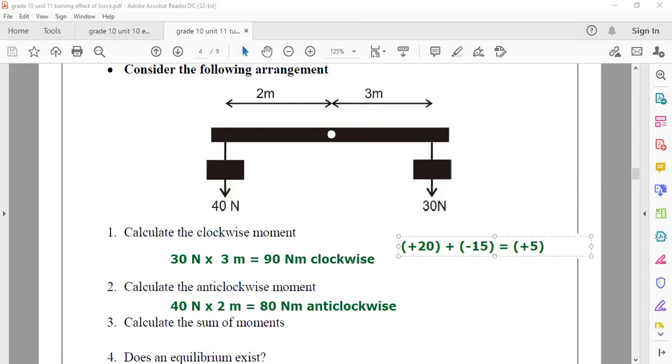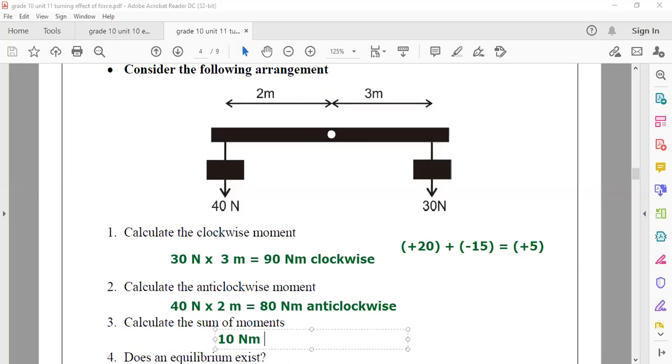So when they ask you to sum them, is it correct to add them and say it is 170 Newton meter? No, sir. You have to subtract. How much will come? 10 Newton meters.